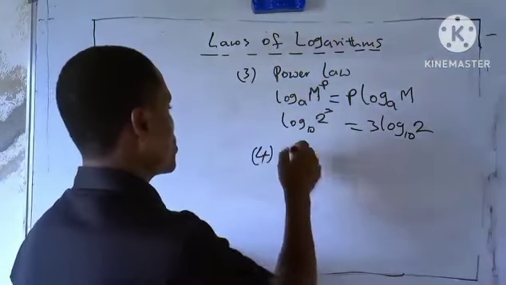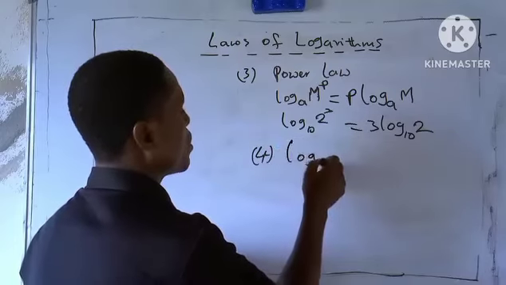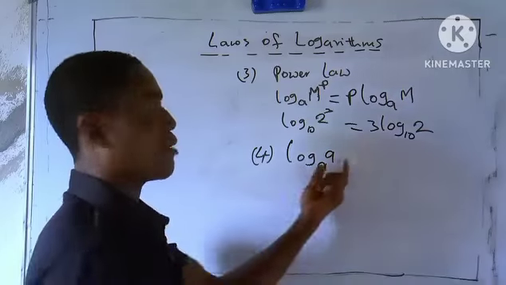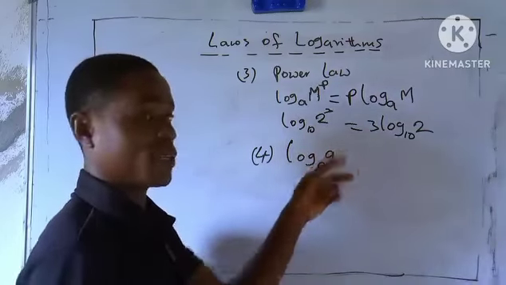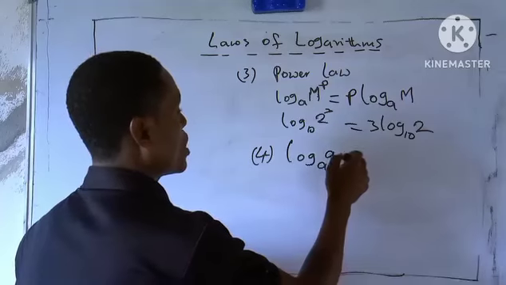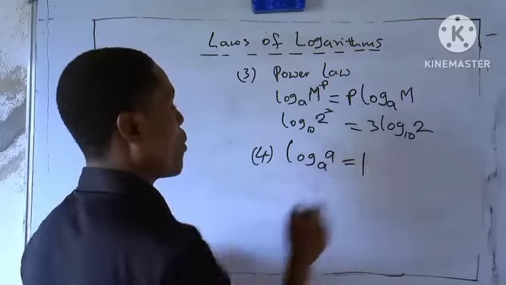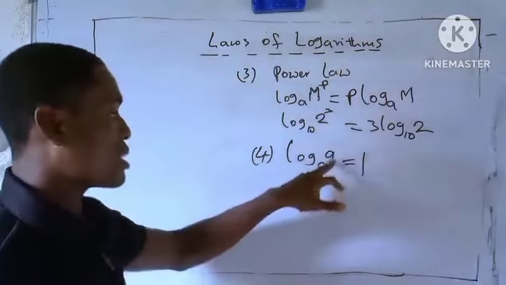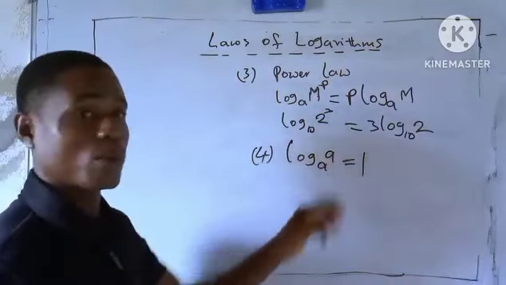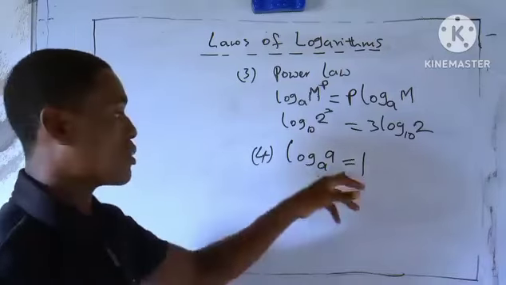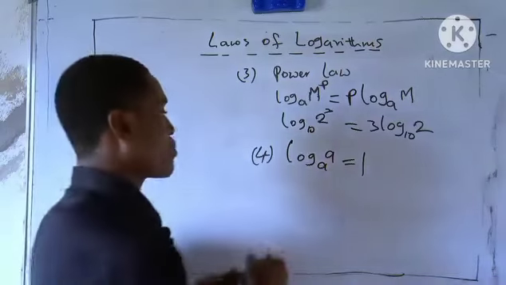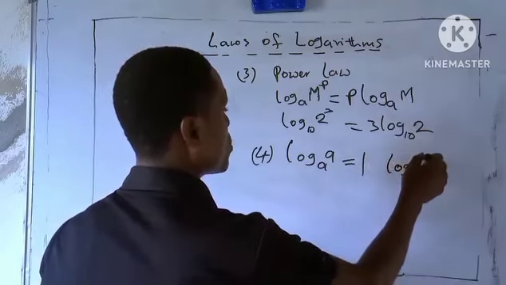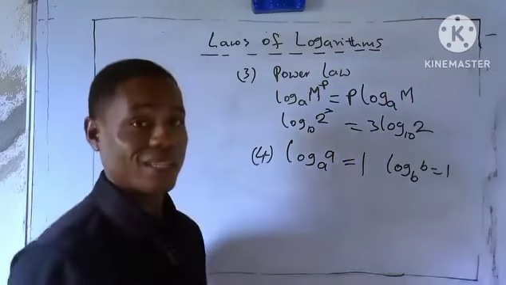The fourth law, let's say we have log base a of a. You can see that these two alphabets are the same. Log base a and a is the same, right? So it is equal to 1. If you have something in this form, you can see that both the base and the upper one are the same, right? So it will be equal to 1. Also, log base b of b is equal to 1 since they are the same.